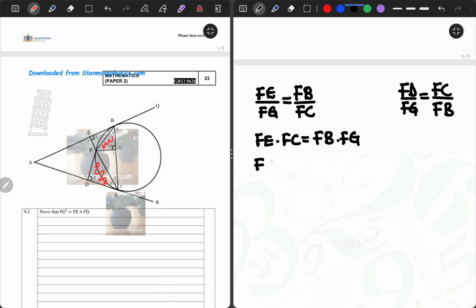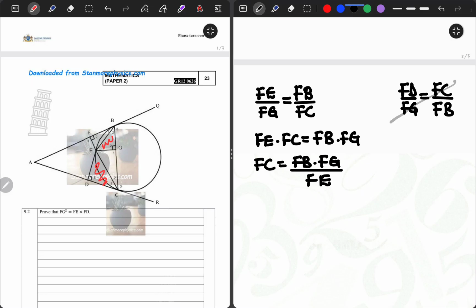FC will be FB multiplied by FG all over FE. And what about there? You're going to have FD over FB equals to FC over FG. Okay, let me start with FC as well.